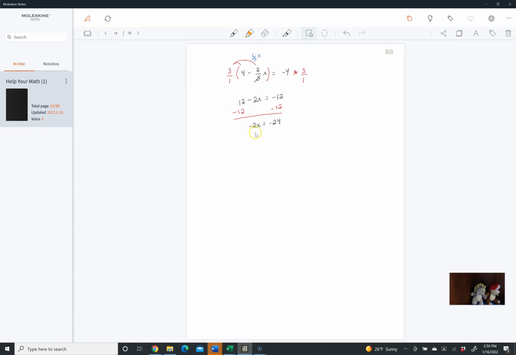Okay, so now we want to get the x by itself. To get the x by itself, we need to get rid of this -2, so it's being multiplied by x. To get rid of it, we're going to divide, inverse operation. So we divide both sides by -2.